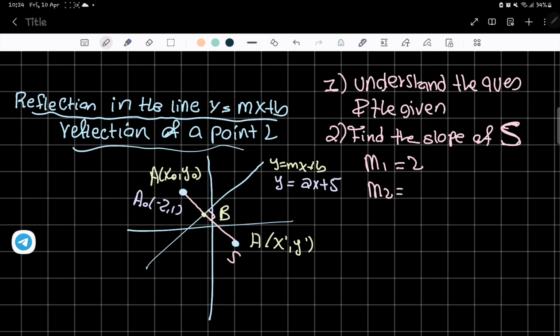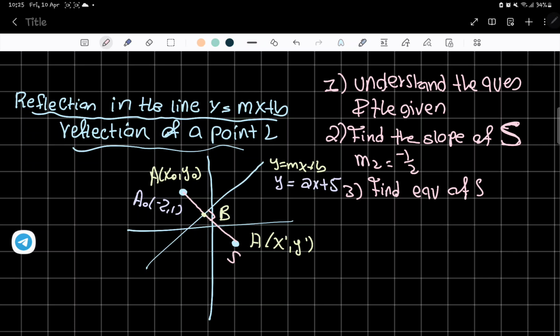So m2, the slope of s, is going to be -1/2. This is really important for us to find the equation of s. The next thing we need to do is find the equation of s.